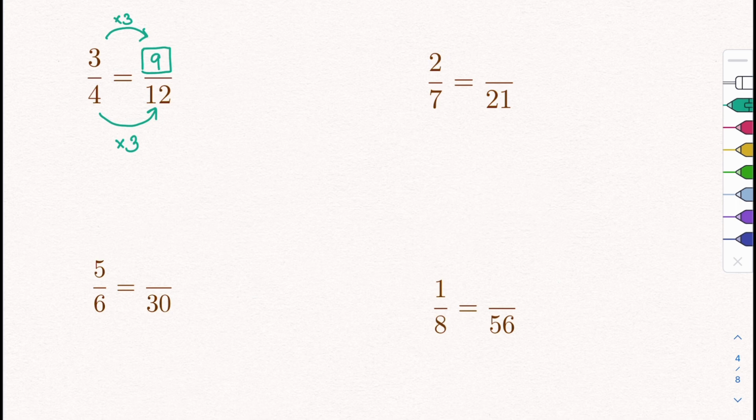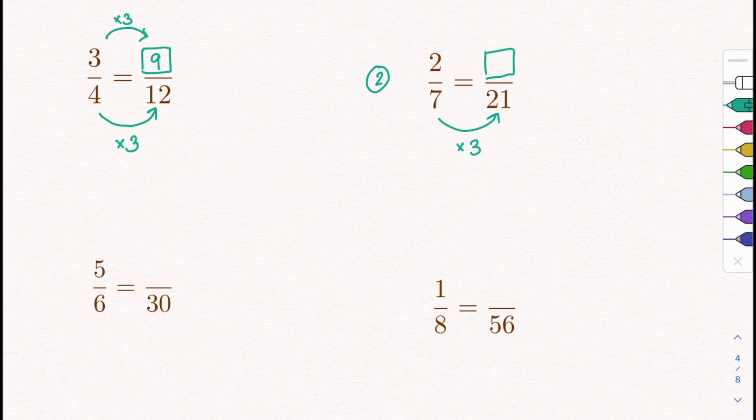With our second question here, we have 2 over 7, and that equals something over 21. So once again, looking at the denominators, we see that 7 has become 21. Because we're going from small to big, we know that we have to multiply. So think about 7 times what makes 21. Thinking of your times tables, you know that 7 times 3 will give you 21.